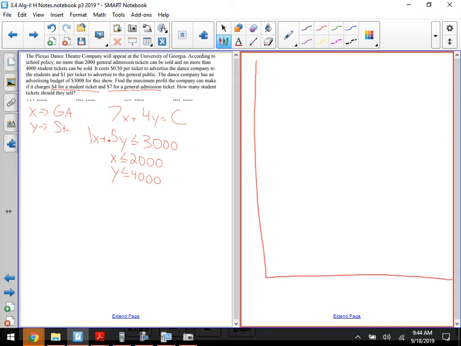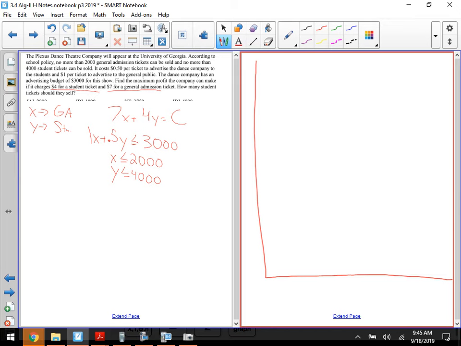Here's the big trick on this one for your intercepts. Our 1x plus 0.5y equaling 3,000 gives you an x-intercept at 3,000, but half of what is 3,000 for your y value? 6,000. That's where you messed up. 0.5 times y is 3,000. Half of what is 3,000? 6,000. Cover and solve. You divide by 1, right?